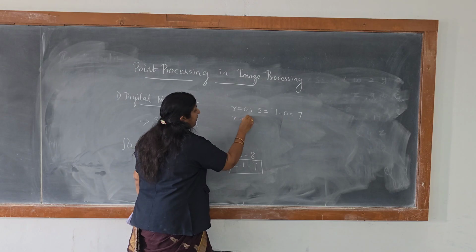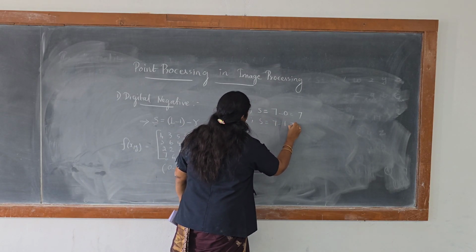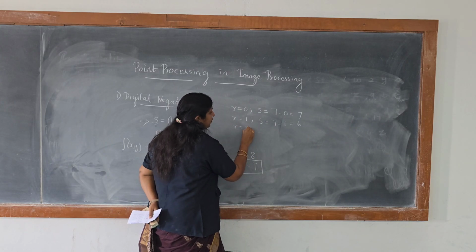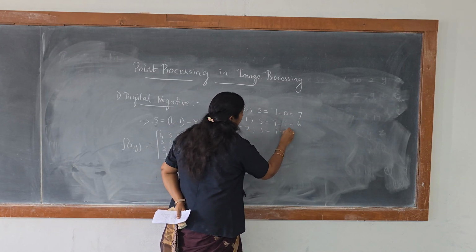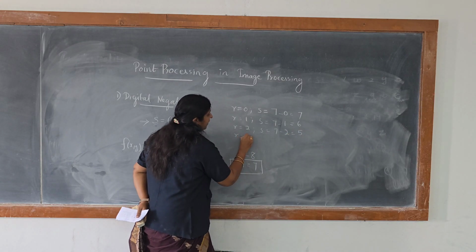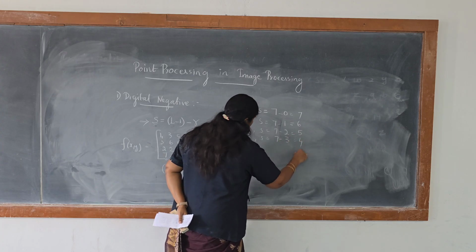And if R value is 1, then S value is 7 minus 1, that is 6. And so on. R is equal to 2, then S is equal to 7 minus 2, that is 5. Then R equal to 3, S is equal to 7 minus 3, that is 4.